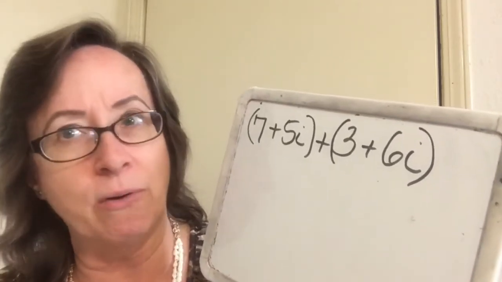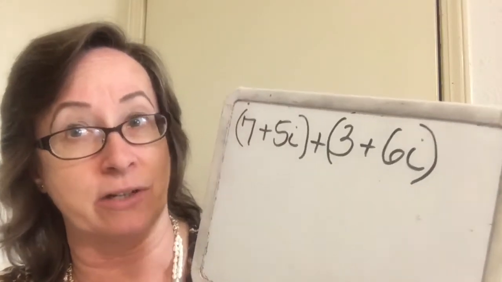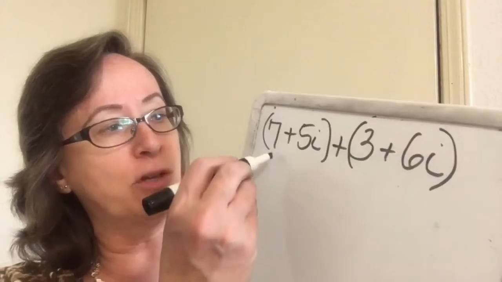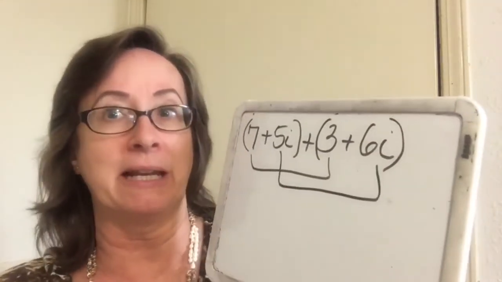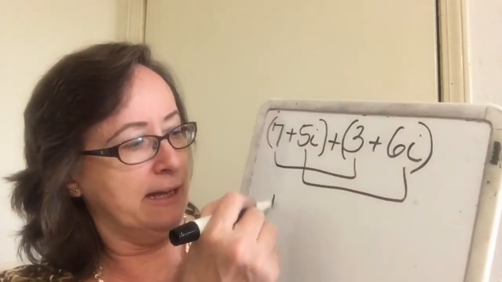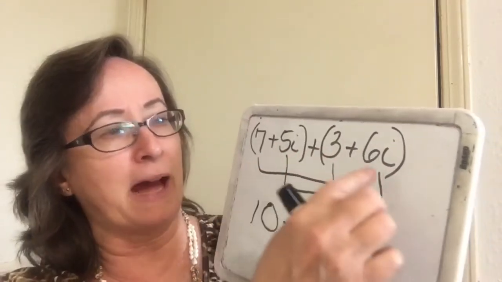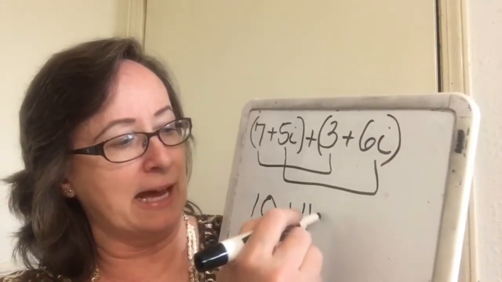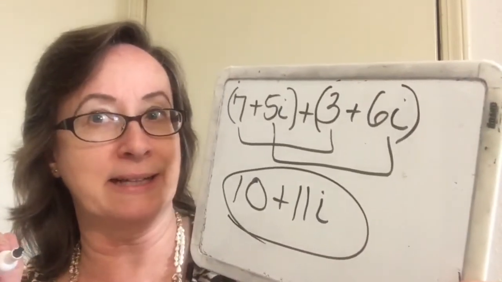Well, now, of course, real numbers and imaginary numbers are not like terms. But if I have two real numbers and two imaginary numbers, then they would be like with each other. So 7 plus 3 is 10. And my imaginary parts would be 5i plus 6i, or 11i. And this would be my correct answer.